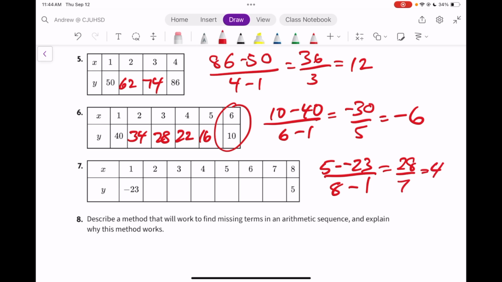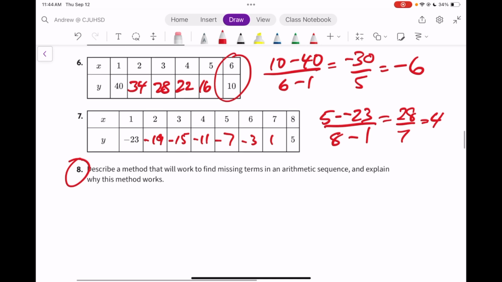So it goes up by 4 to negative 19, negative 15, negative 11, negative 7, negative 3, positive 1, and then 5. So this is the method that you would use for number 8. This works for arithmetic sequences, by the way. All of these have been arithmetic.